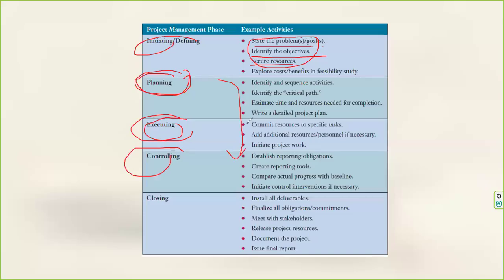And then finally closing. Most projects we don't close properly, but closing means you have all the deliverables, a lot of resources were engaged in the project, and you officially hand over the delivery and disengage those resources. So these are the high-level stages: planning, execution, control, and closing.